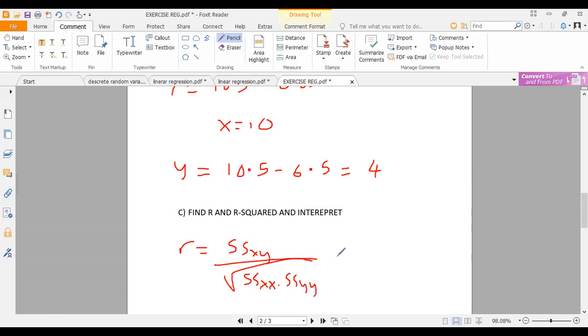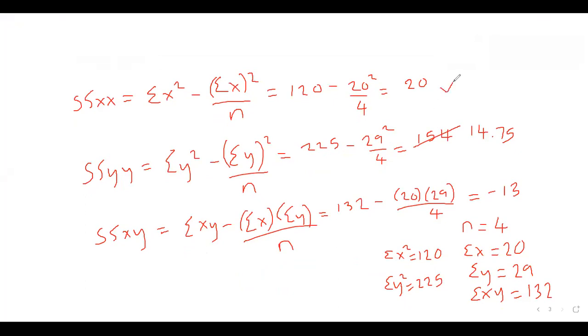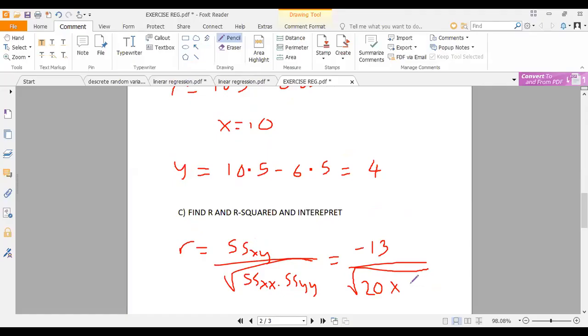So our xy was what? Negative 13. Our xx was 20. And our yy was 14.75. What are we getting?